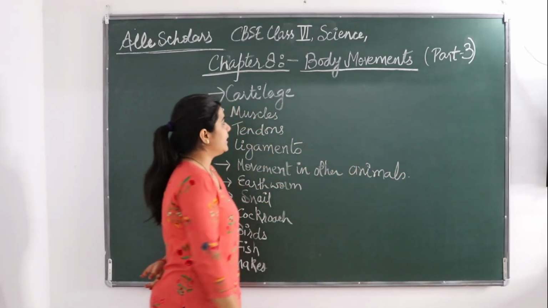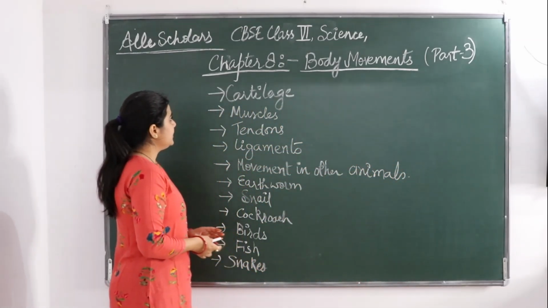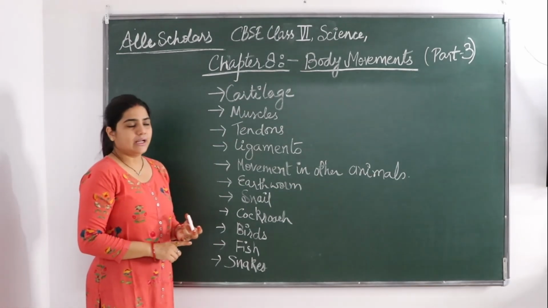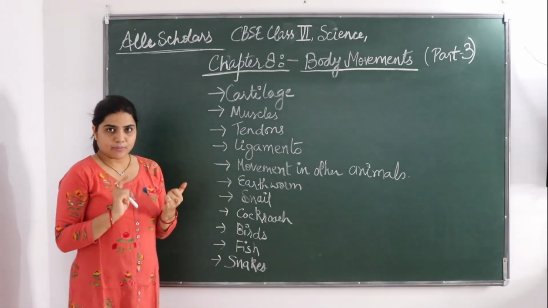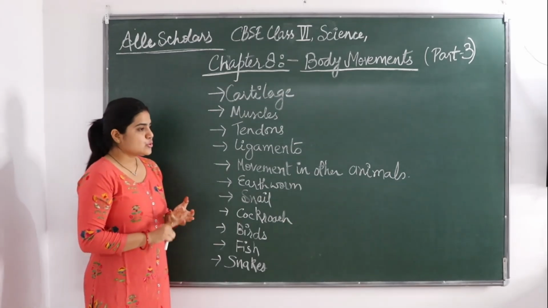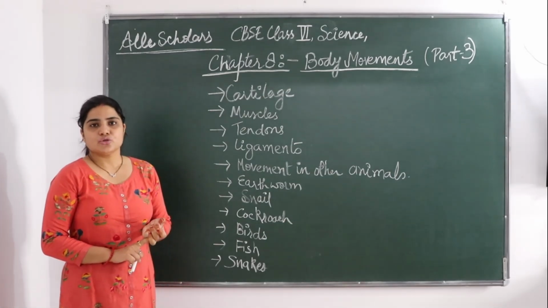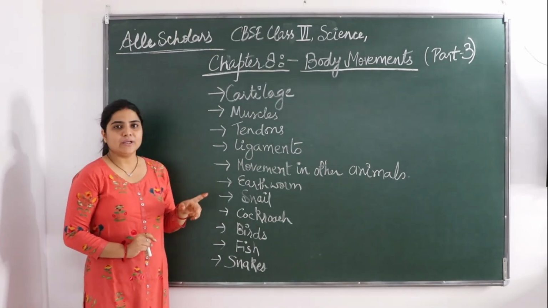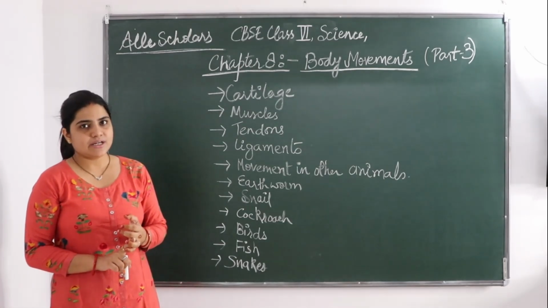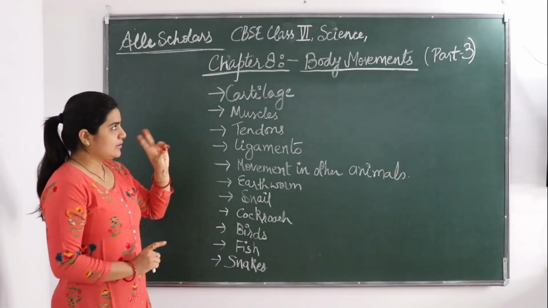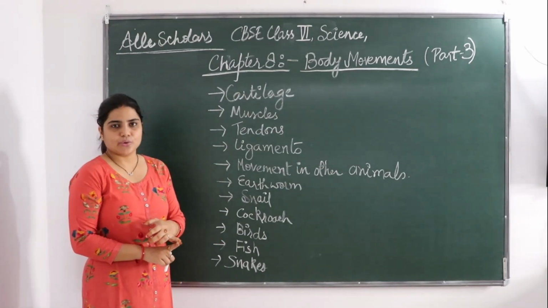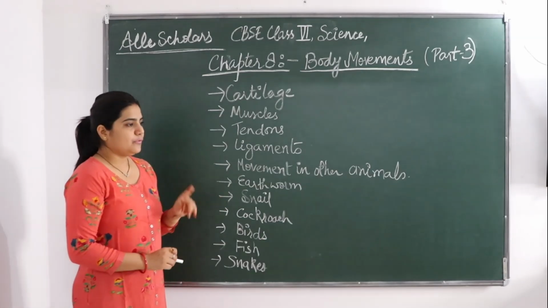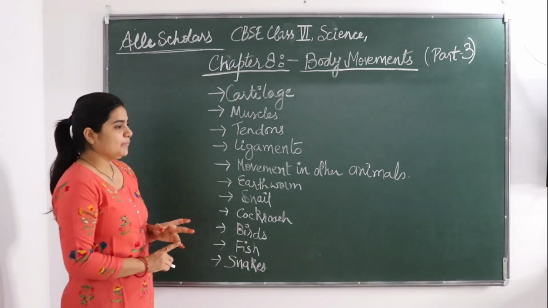We have seen that our skeleton is made up of bones and joints. Joints we discussed in part 1, bones in part 2. You can refer to part 1 for joints and part 2 for bones.